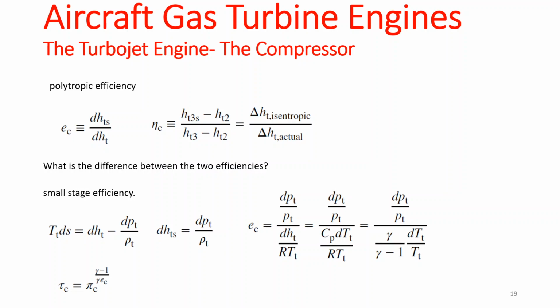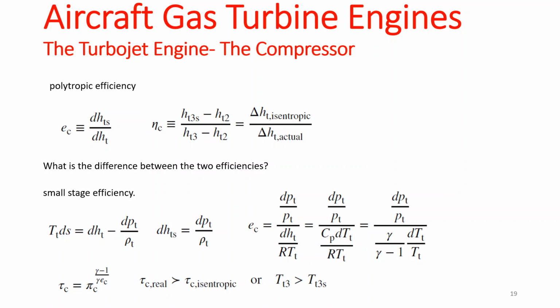It's one of the main uses of the polytropic efficiency: it gives you the relationship between the temperature ratio and the pressure ratio where you didn't have it before, because it is not an isentropic process.